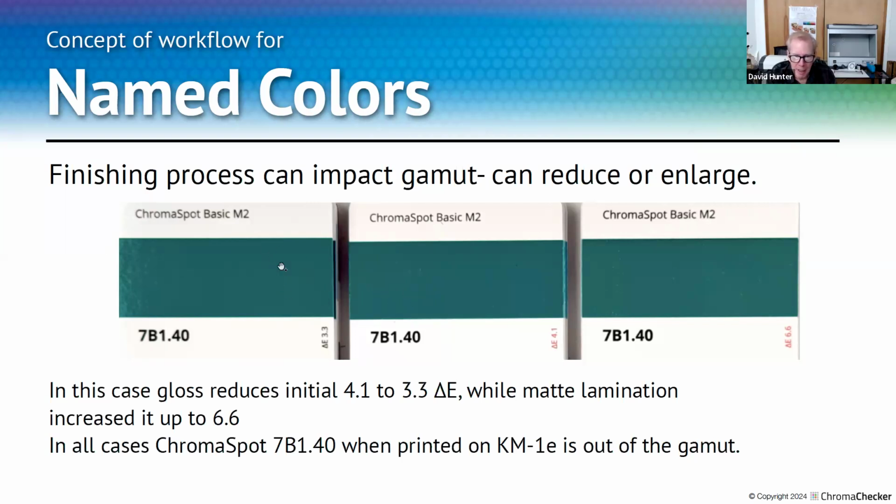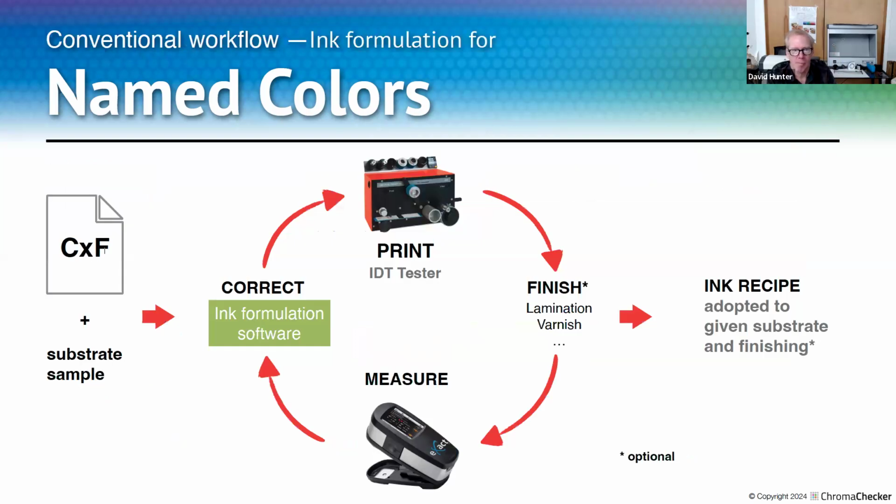So by putting a gloss finish on it, we got closer to the original, to a 3.3 instead of a 4.1. This is the unfinished. And then if we apply a matte finish to it, it goes from a 4.1 to a 6.6. So again, the communication that ChromaChecker gives you in terms of what's going to happen with this color based on the post-finishing effect is really useful.